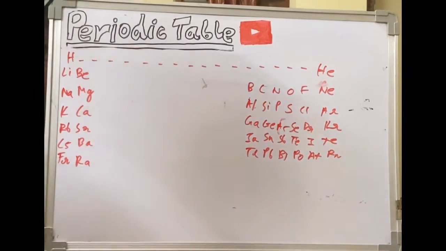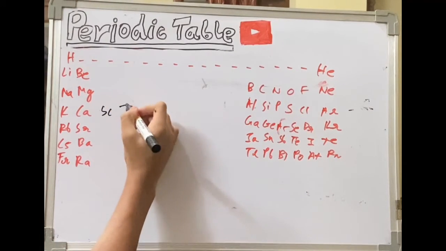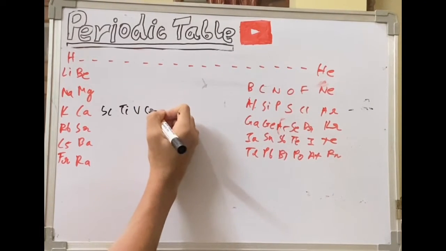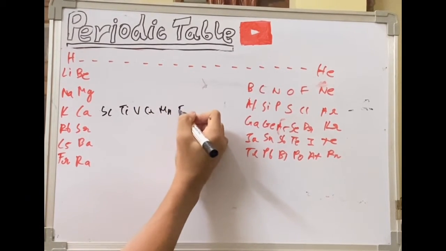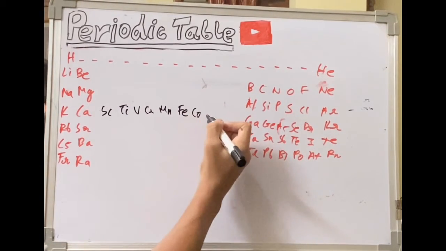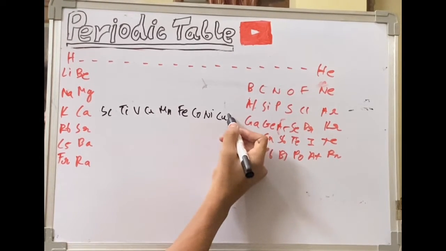So after Ca there is scandium, titanium, vanadium, chromium, manganese, iron, cobalt, nickel, copper, zinc.